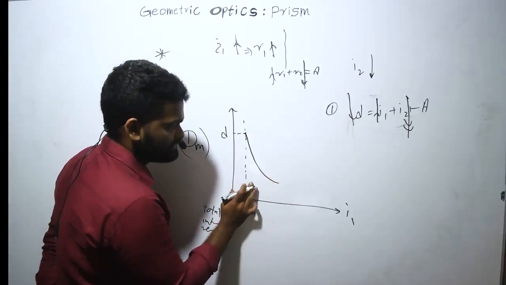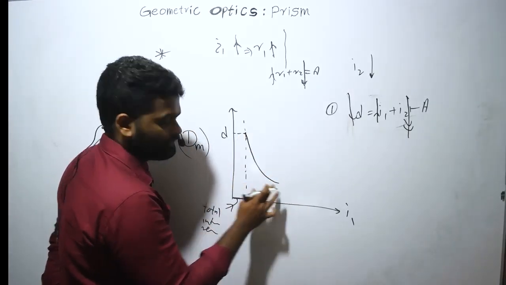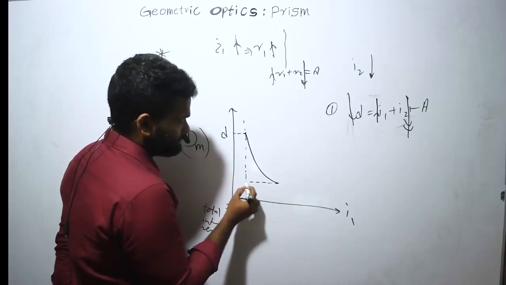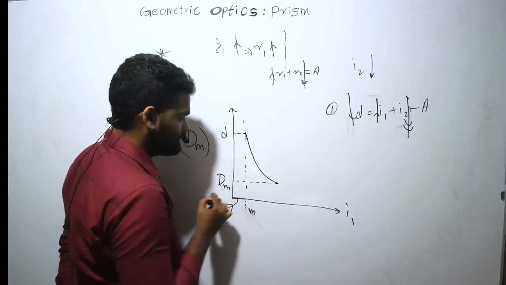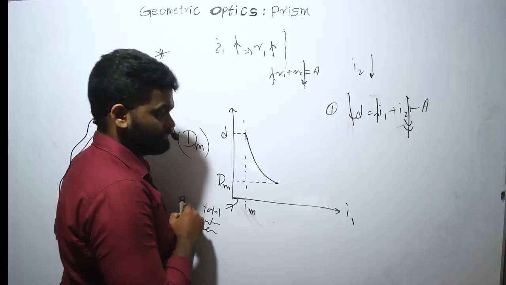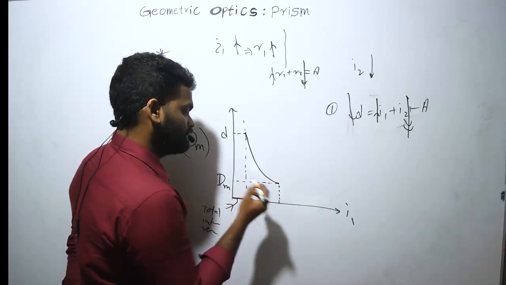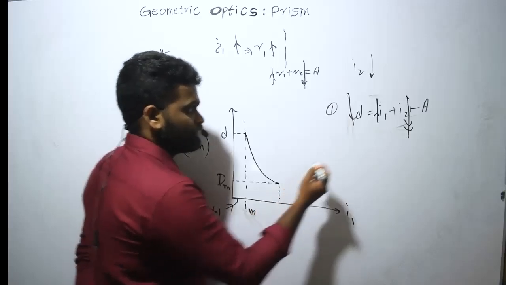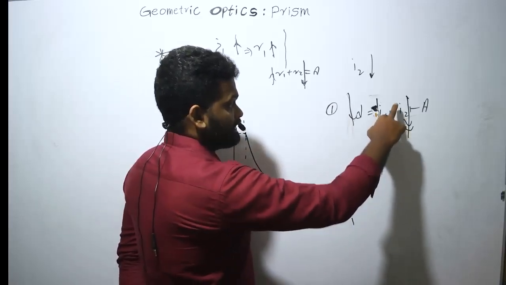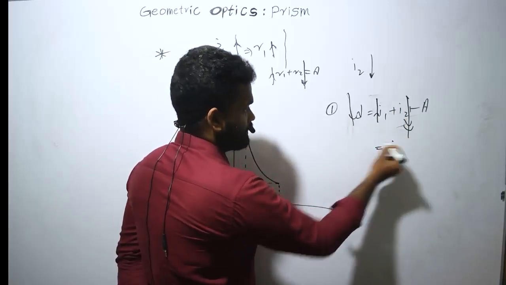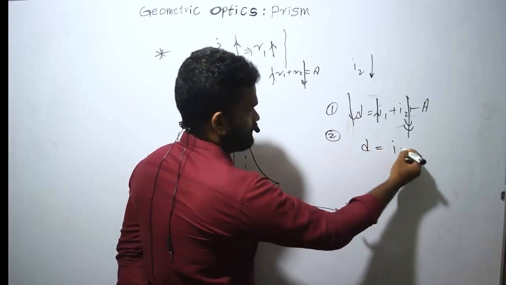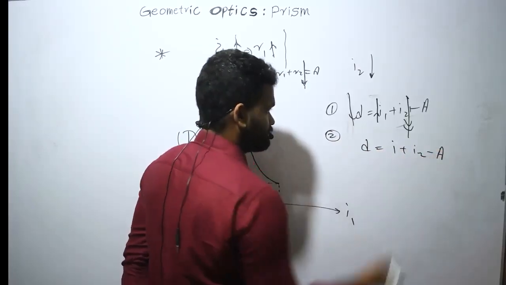This happens at the first half. Then it comes to a minimum value which we call D min. After this point, let's say second phase, I'll write the equation again.